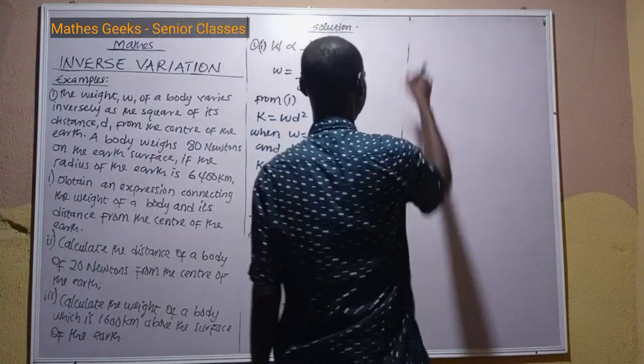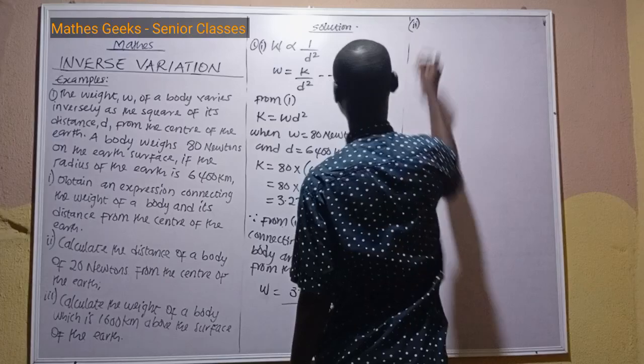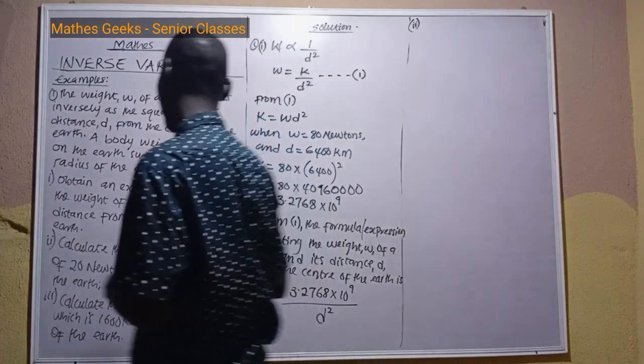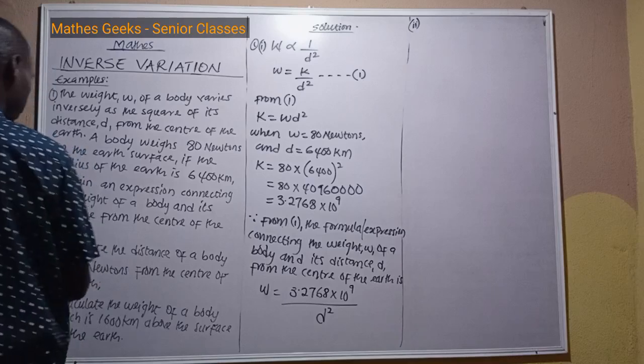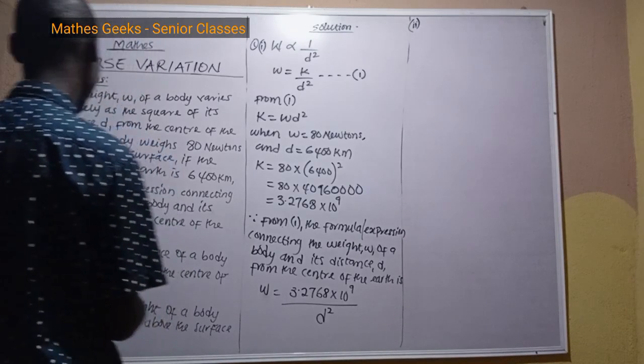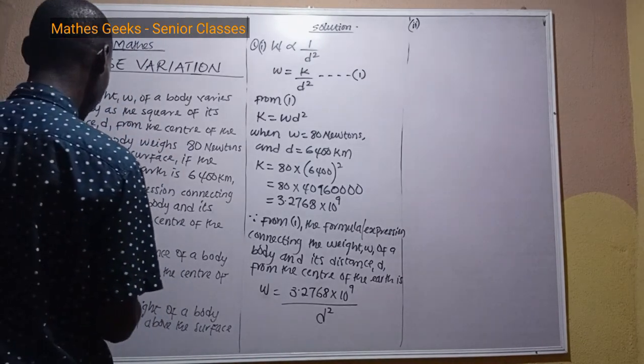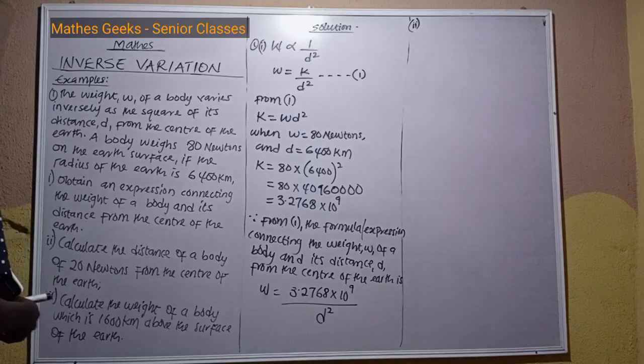Then part 2 says calculate the distance of a body of 20 newtons from the center of the Earth. So we are going to go for the distance of a body of 20 newtons from the center of the Earth.